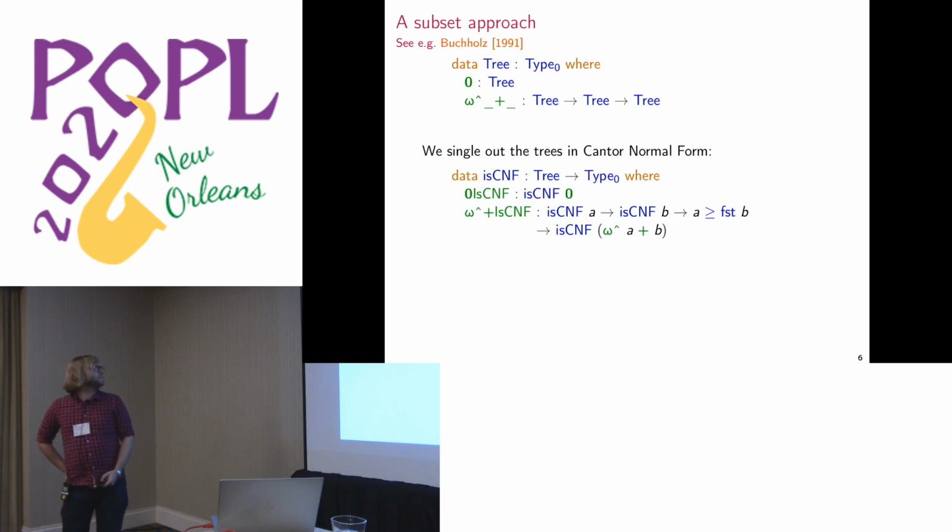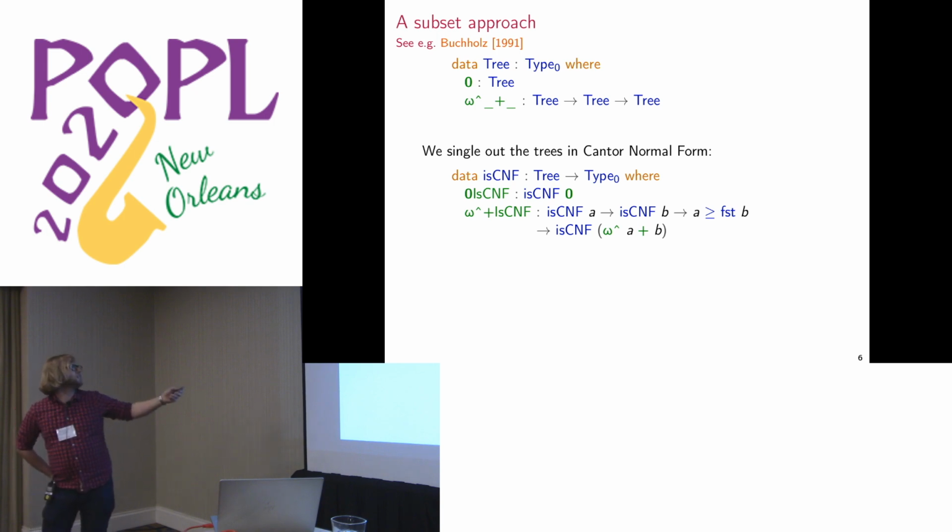OK, so that's not quite good. I want to single out the trees that are actually in Cantor normal form. Right. So I'm saying that 0 is already in Cantor normal form. And if A is in Cantor normal form, B is in Cantor normal form, and if A is greater or equal to the first exponent of B, then this omega to the A plus B is also in Cantor normal form. Right.